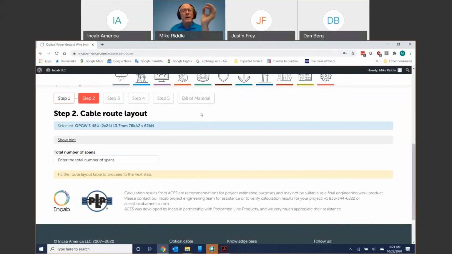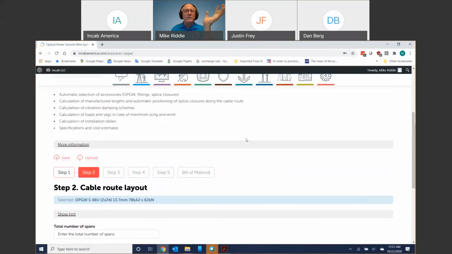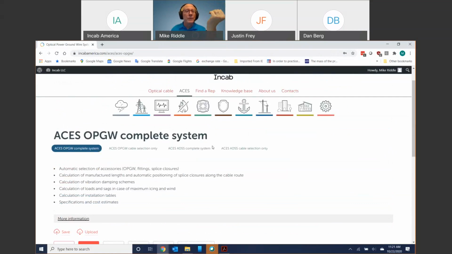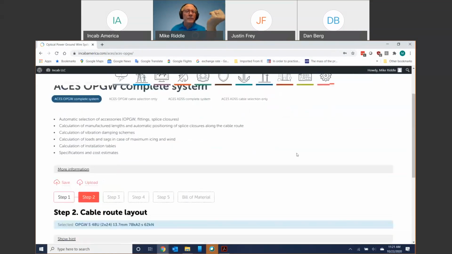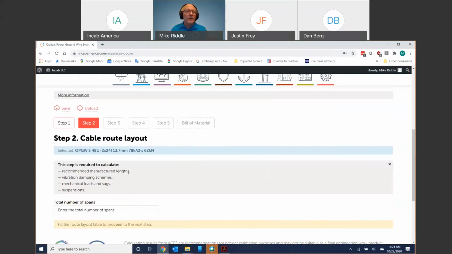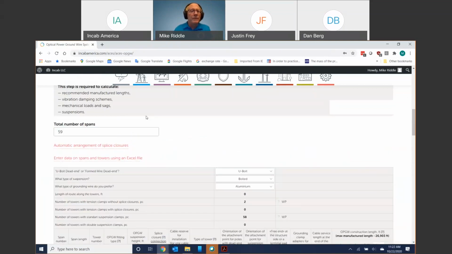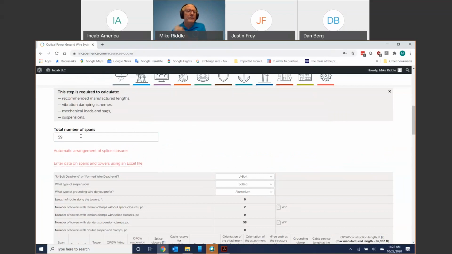Now, if I had just done the cable selection only, I would have already been done. So everything that follows here is that complete system option. You've got additional information here. In this particular case, I've already used project data from helping a customer once before. I happen to know that it's 59 spans.